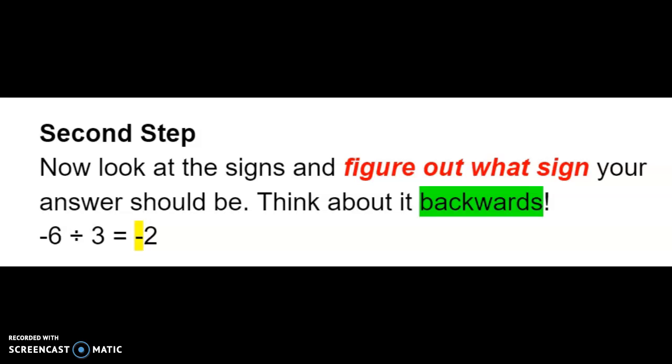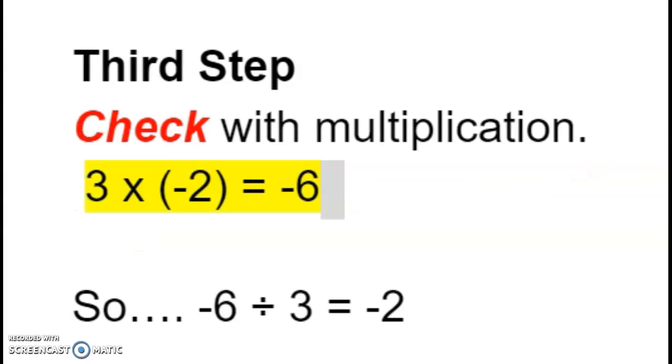Our second step would be to look at the signs and figure out what the sign is for your answer. As we looked at this problem, we had to think about it backwards, and a negative goes here. The third step, and the most important, was to check with multiplication.